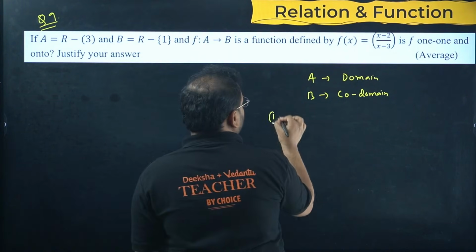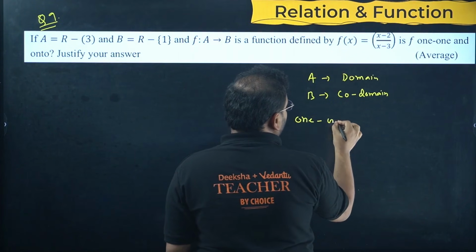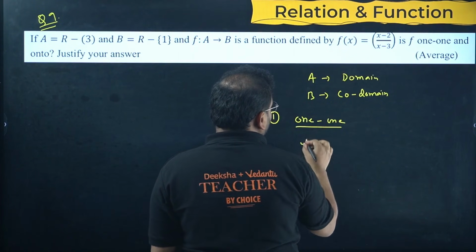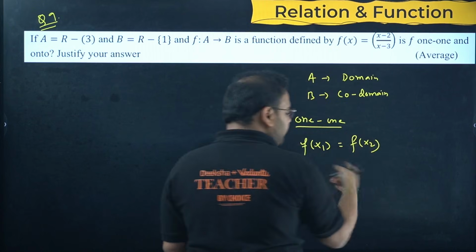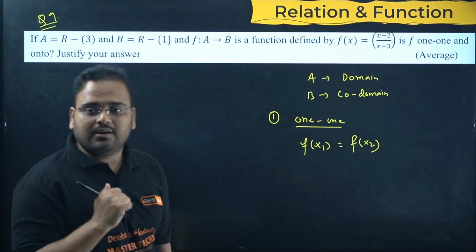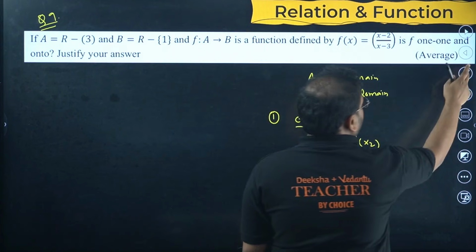So first one is to go for one-one proof. In that what we do, start from f of x1 equals f of x2. If we reach x1 equals x2 it will be one-one. Okay, sir.